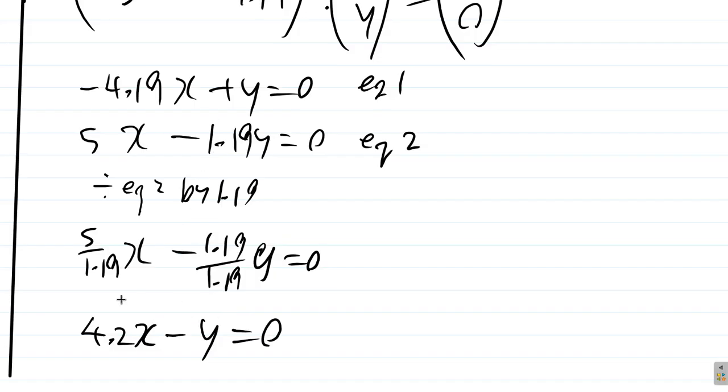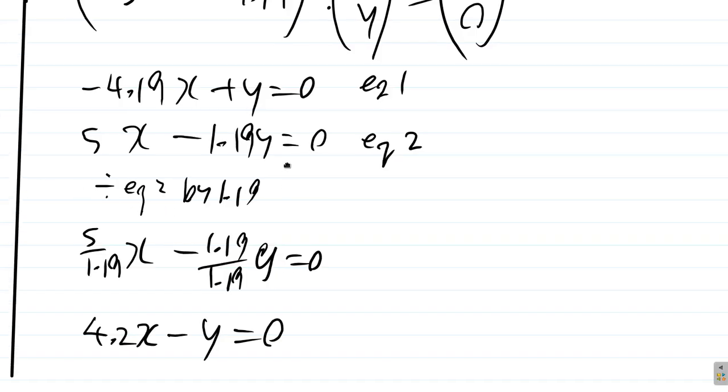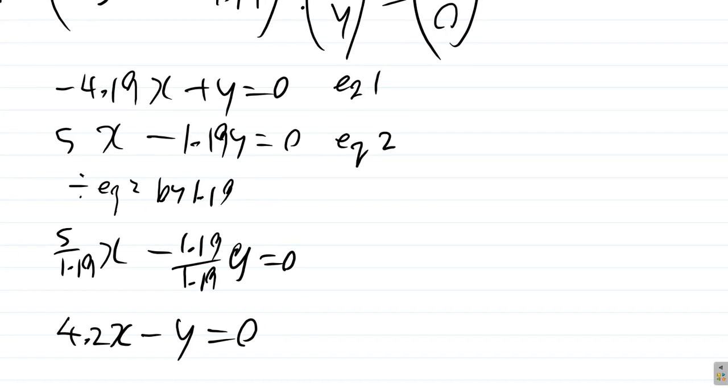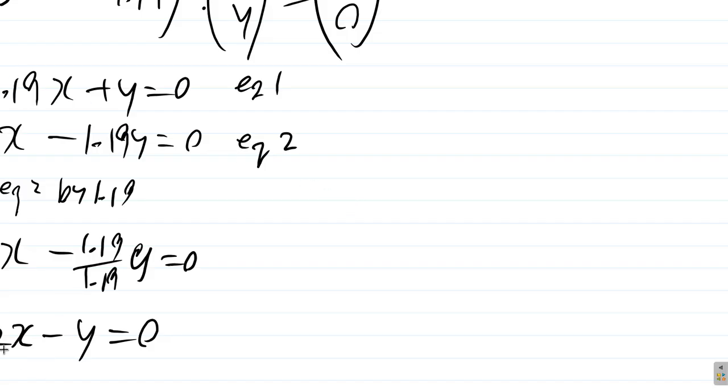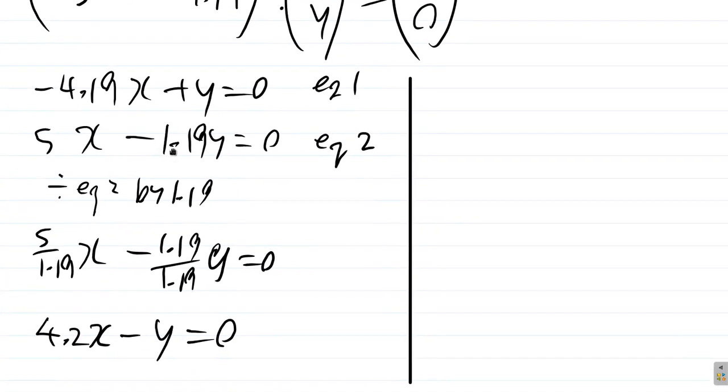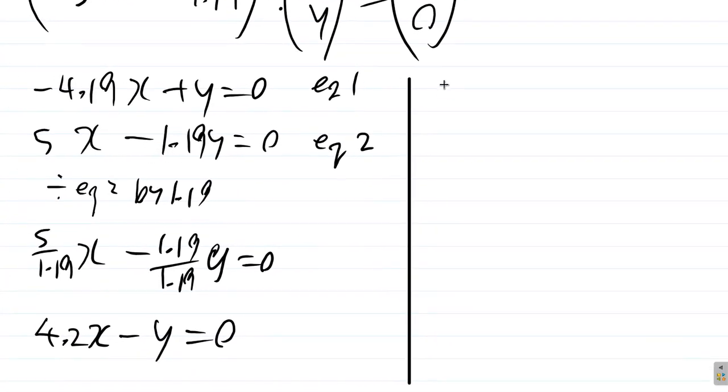We have run out of scrolling space, so let's do this part over here. If we multiply equation 1 by negative 1, we have 4.19x minus y equals 0.